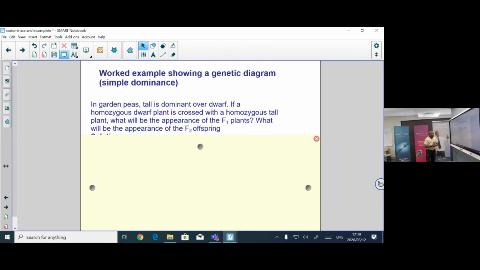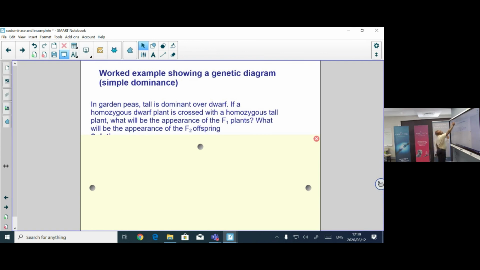If a homozygous dwarf plant is crossed with a homozygous tall plant, what will be the appearance of the F1 plant? What will be the appearance of the F2 plant?